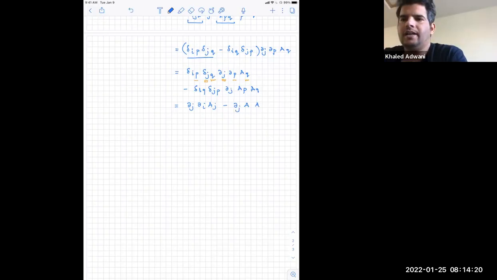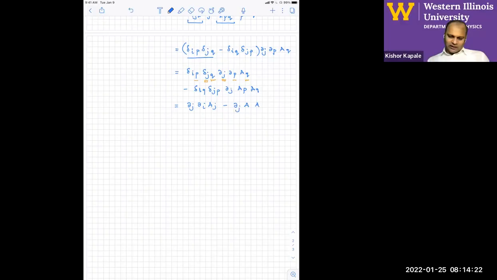It will be A_I. Which A_I? This one? This one is not going to be A_I. This one would be A_I, because you're replacing Q with I from the first one. Q becomes I, and here P becomes J. So that should be like that. Everybody with me?